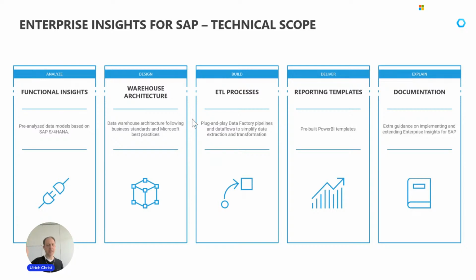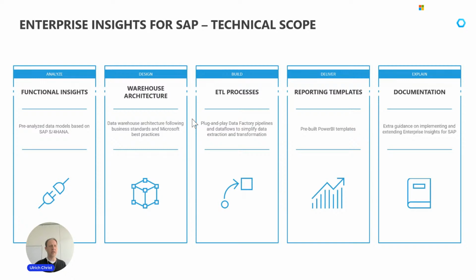There's probably a slide later on, or maybe I skipped that additional slide, but it handles things like hierarchies in SAP, your cost center hierarchy, your profit center hierarchy. All of these hierarchies can be extracted from SAP and are transformed in a way that Fabric and Power BI can use them. Things like currency conversions, all of that is handled by Enterprise Insights and provided out of the box as part of the ETL processes, so that you get the data in a consumable format.